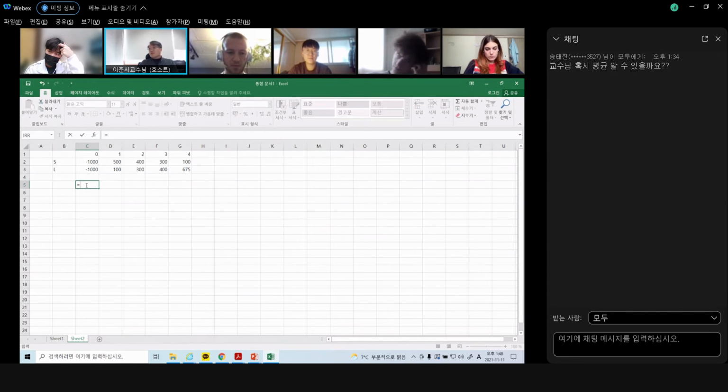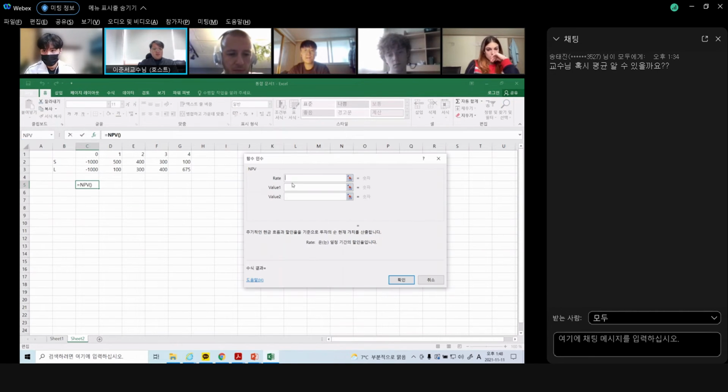So the function name to calculate the net present value is NPV. Wow, it's so simple, right? Let's find the function NPV. Here you go, net present value, NPV. Then rate. We need to know the WACC, right?